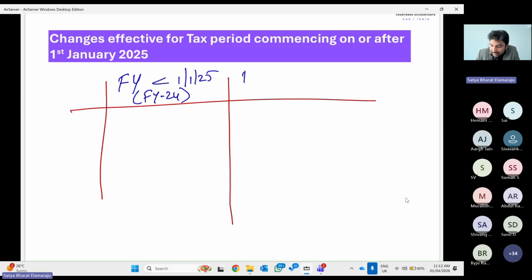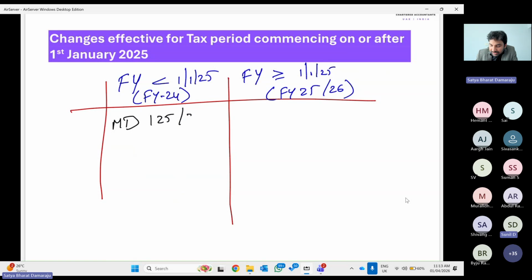Now we'll take another scenario where the financial years commence on or after 1st of January 2025, for example, FY 25, 26. So what are the changes? Previously, for FY 24, for any kind of guidance, we have to refer to Ministerial Decision number 125 of 2023.